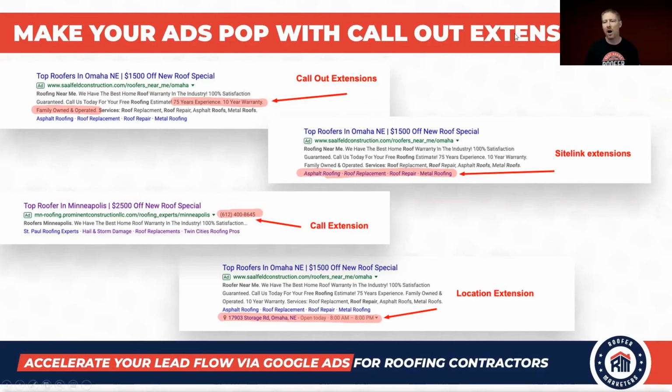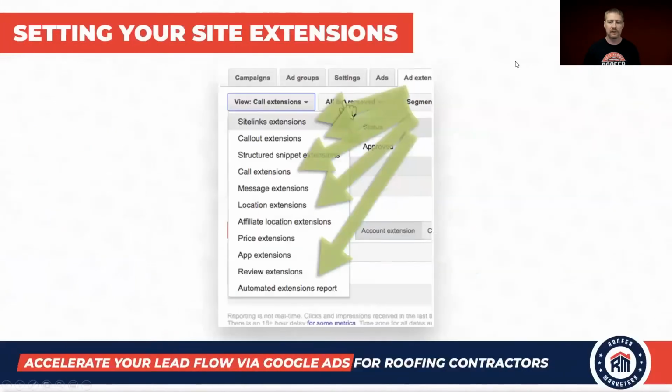You can use a call extension. The call extension is extremely impactful because you get a phone call from it, right? You could use the location extension. By having the location extension enabled, that's how you get your ad to show in the maps section. So very, very impactful things. There's a lot of different extensions that you can use in your business.